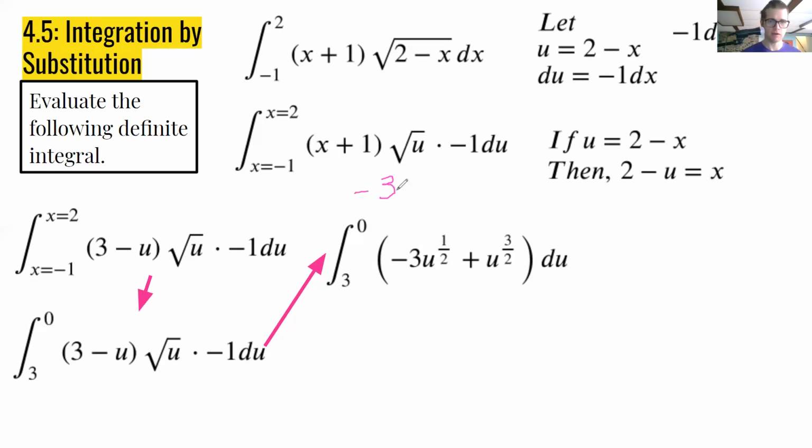So I get negative 3 square root of u plus u times the square root of u. That's distributing a negative square root to each of 3 and negative u. That's how I got here. Now there's the question of how you get from this step to this one.